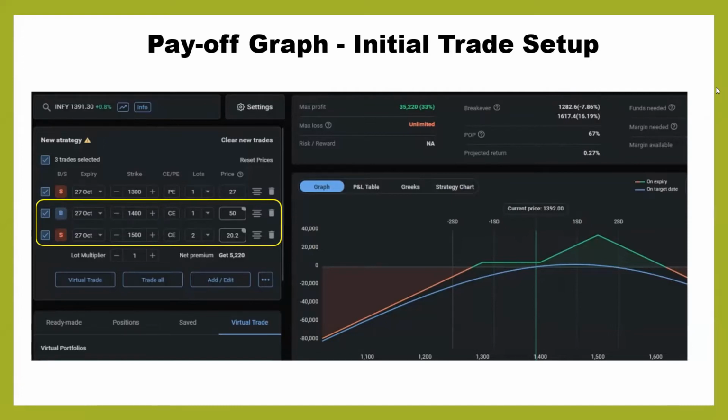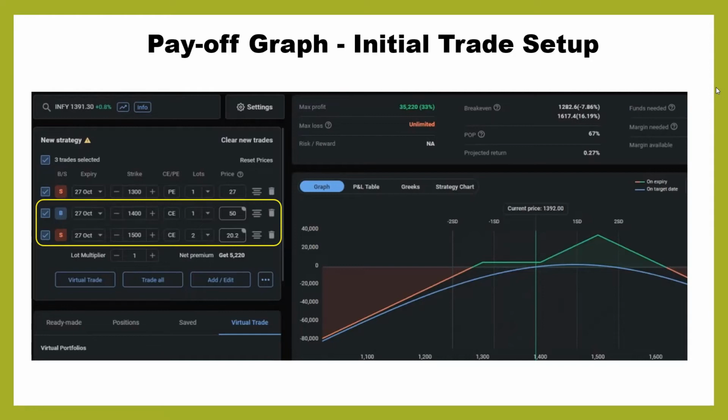The premium was very high because it was result time and implied volatility, IV percentile, was also very high at that time, around 90 or plus. That was the right time to enter this ratio spread, meaning a credit ratio spread.